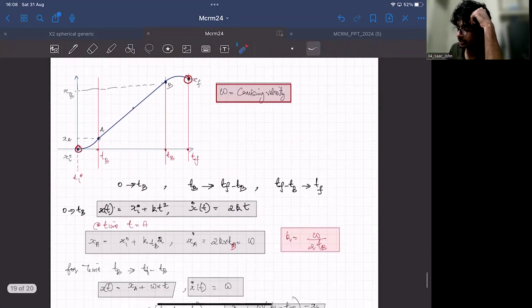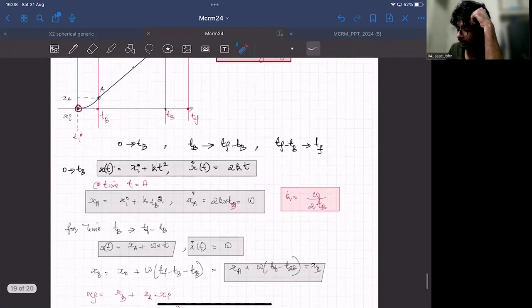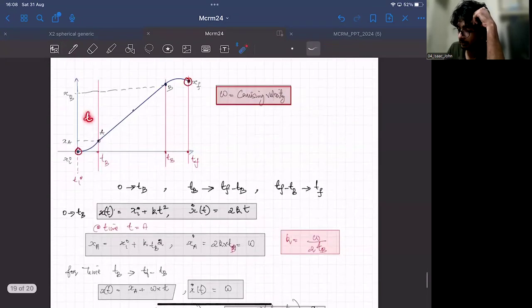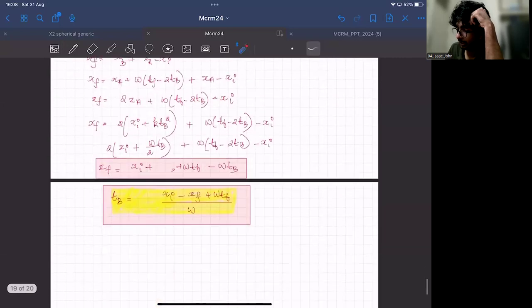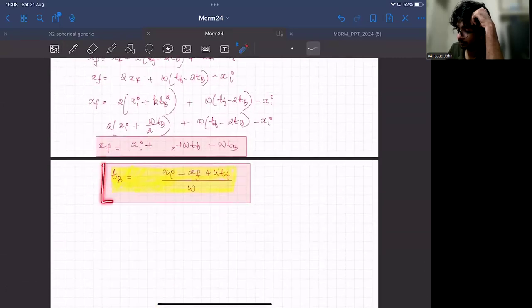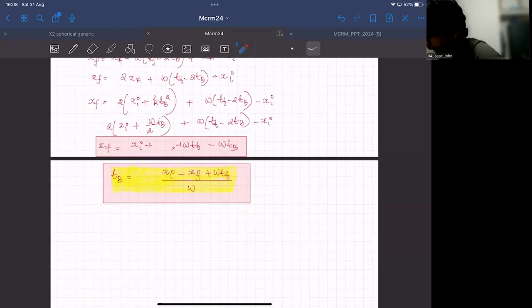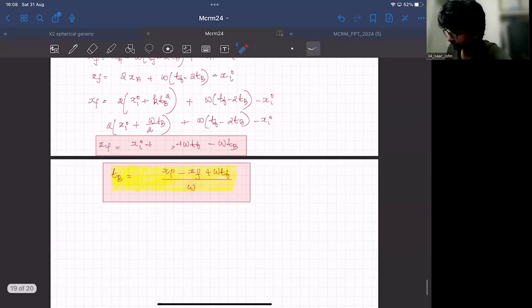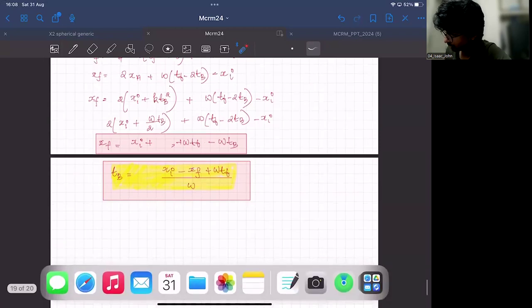The time for blending, this tb, is obtained by this formula, which is given as xi minus xf plus omega multiplied by tf, where tf is the total duration of the entire trajectory, divided by omega. So that was about it.